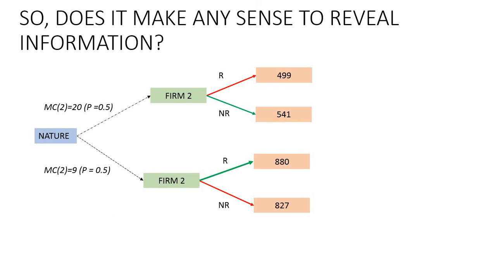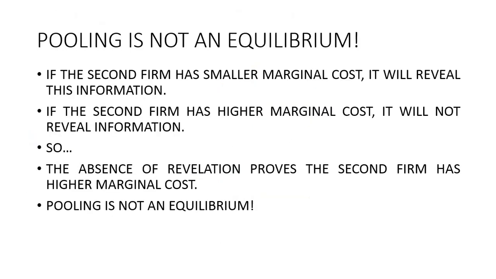And now let's analyze everything from the perspective of the first firm. So if the second firm decides to reveal information, then you find it trustworthy by the assumption of this game, and you know that the firm has either high or low marginal cost.